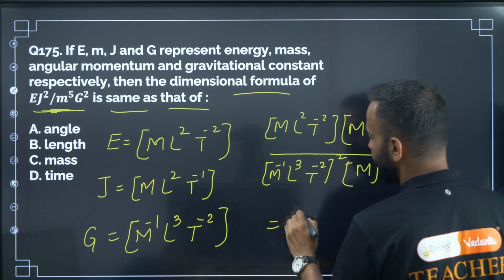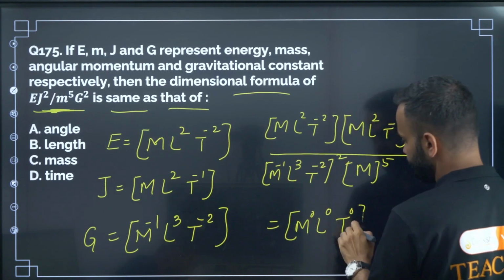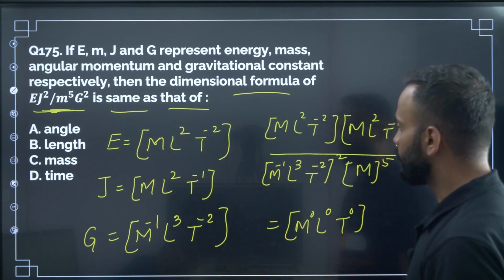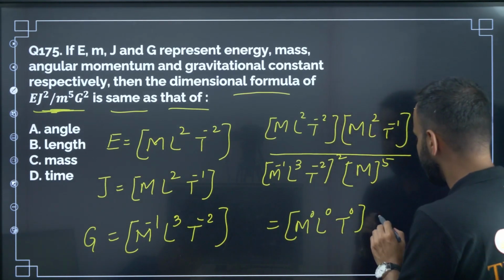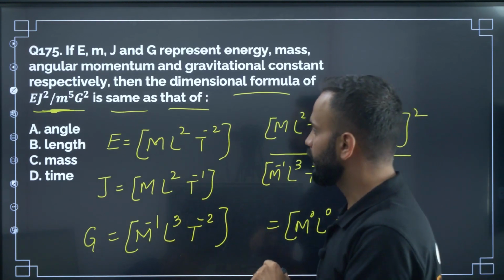So now solve this, you will get M⁰ L⁰ T⁰. Okay, so we know that angle doesn't have dimension formula, right? So the correct option is A.